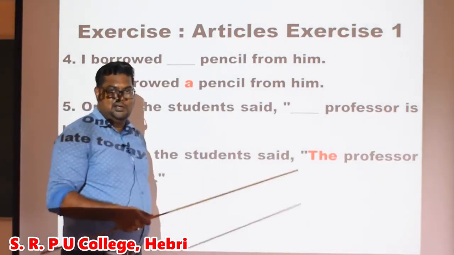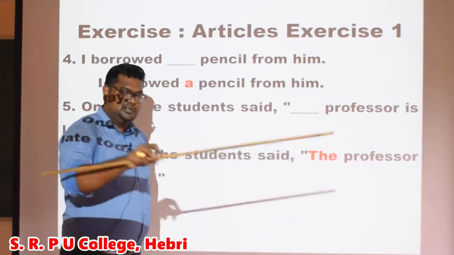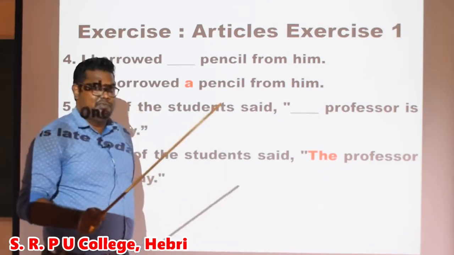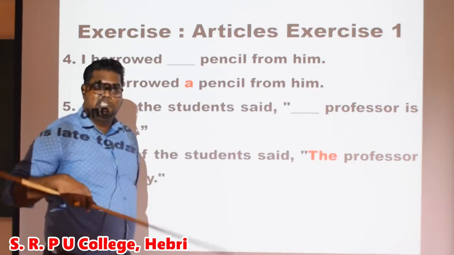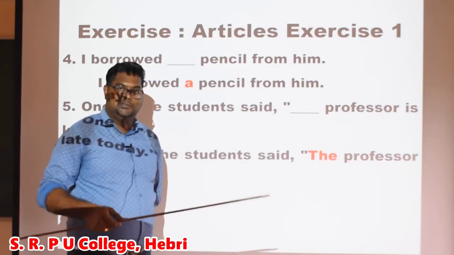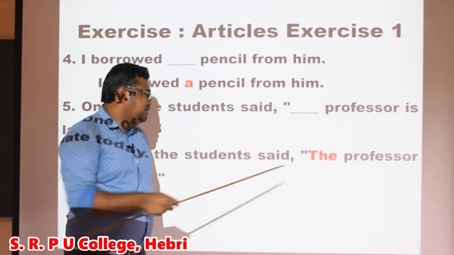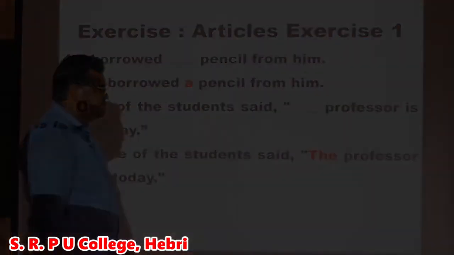So when you say "the," we know whom we are speaking about. Just imagine that there are some 5 or 6 professors in a college. When we say "the professor," we are referring to one particular among the 5. So when you are particular about a person or thing or place, we can use definite article "the." So the answer is "the."